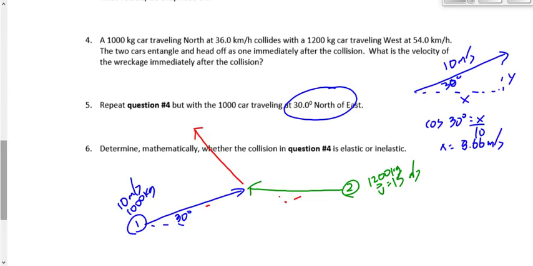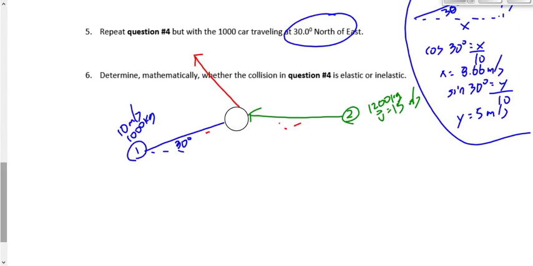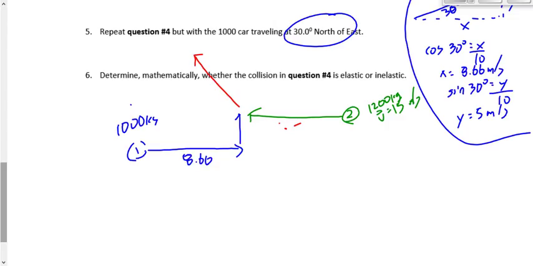Sine 30 degrees is equal to y over 10, so the y component is going to end up being 5 meters per second. We always square it off just to separate it, and sometimes we even redraw this. We got an x component here of 8.66 and a y component here of 5.0.